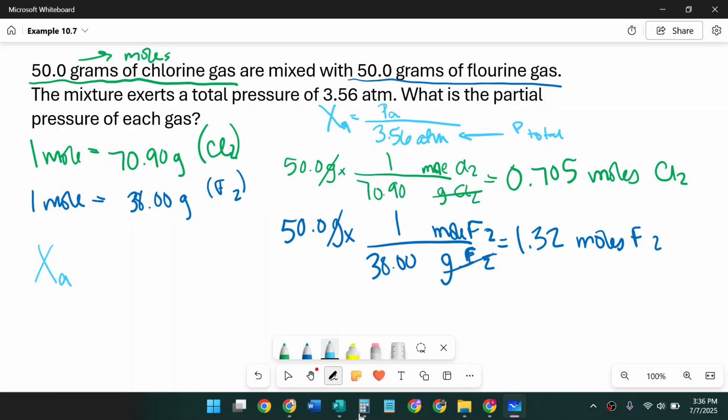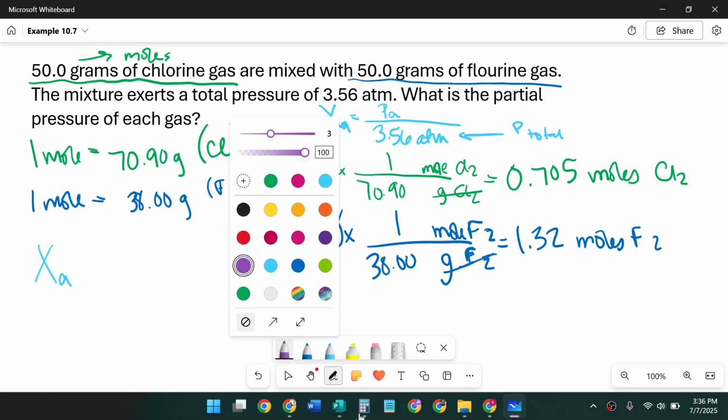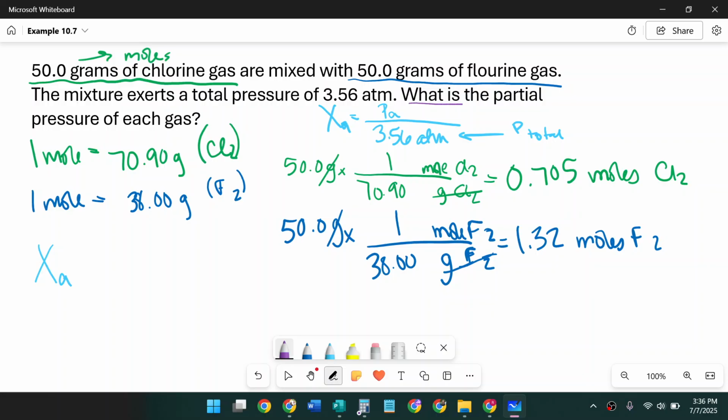It's asking what is the partial pressure of each gas. So it wants 2 different pressures. So what we're wanting is the P of our chlorine and P of our fluorine. My Cl kind of doesn't look like a Cl, does it? This is what the question's asking for, these two things. But we can use our mole fraction to work towards that.